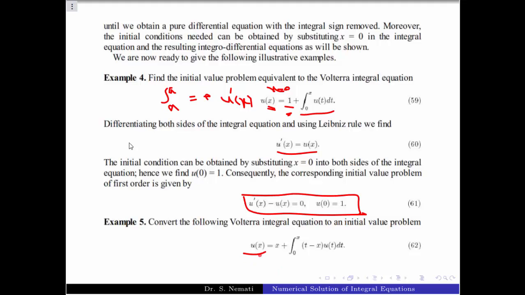In the left side, it simply gives u prime of x, and in the right side, we have the derivative of x, which is 1, plus the derivative of the integral of t minus x times u of t dt from 0 to x.